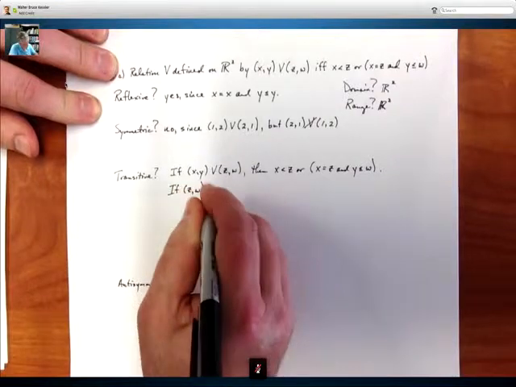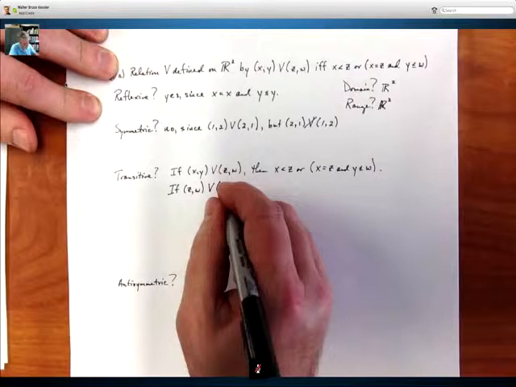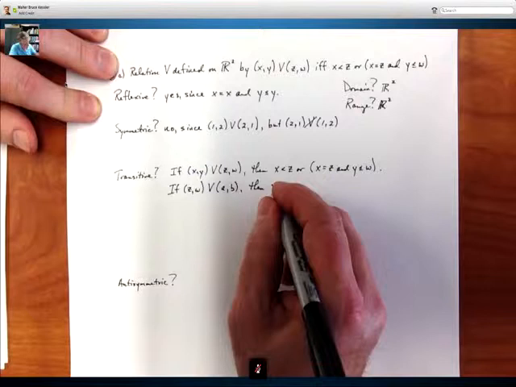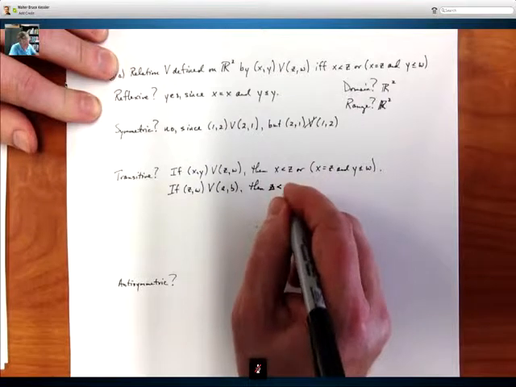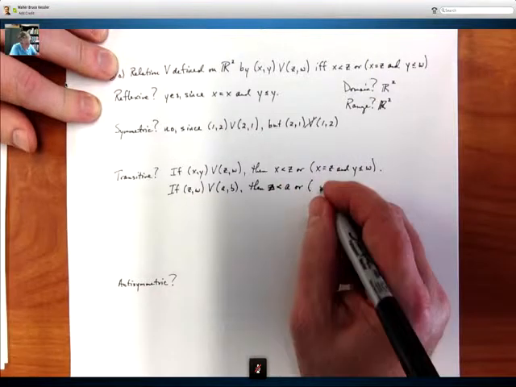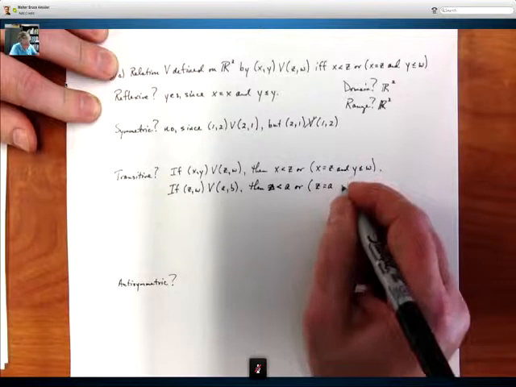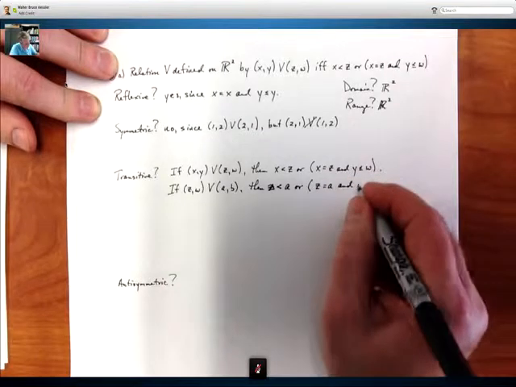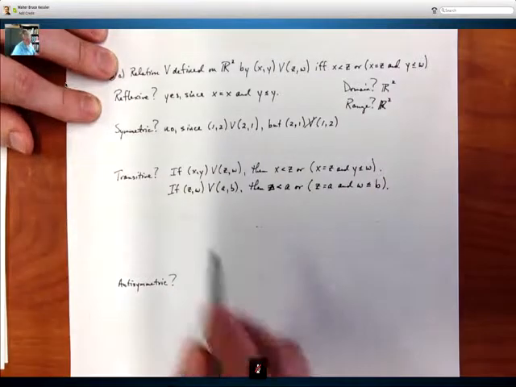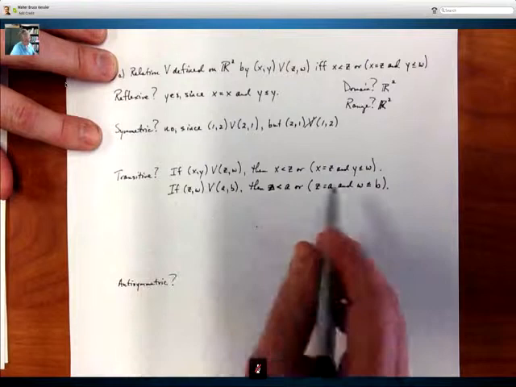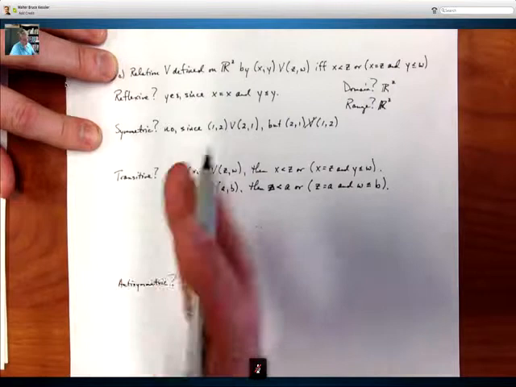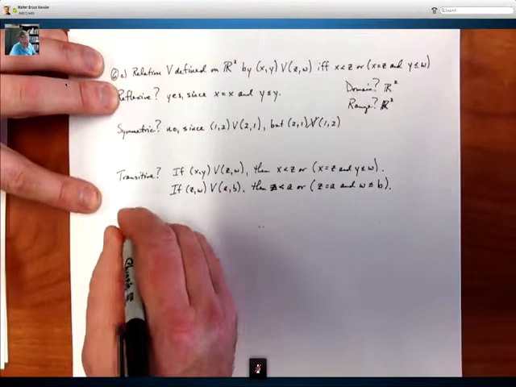Likewise, if zw is related to, let's get something else, ab, then z is strictly less than a, or z equals a, and w is less than or equal to b. So if we're saying and, both these things happen, right? I've got this or, that or. I've actually got 4 things I've got to check on here, right?